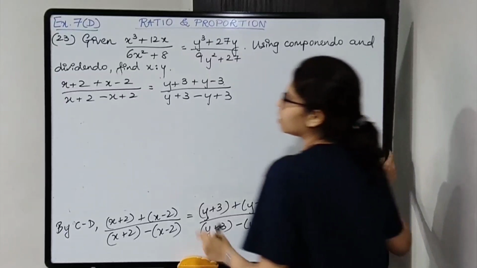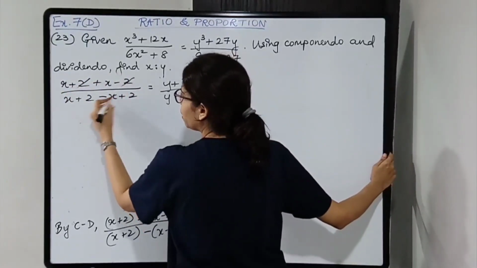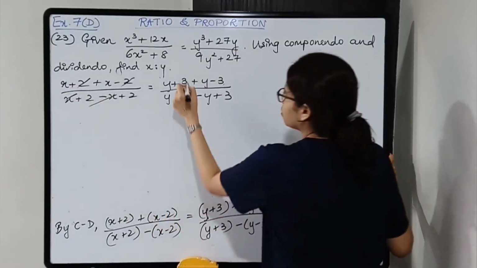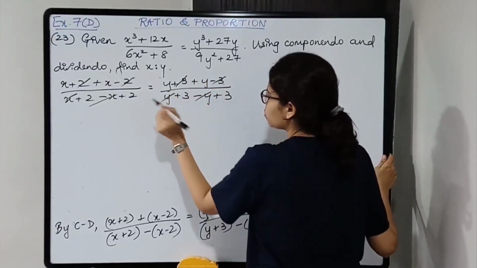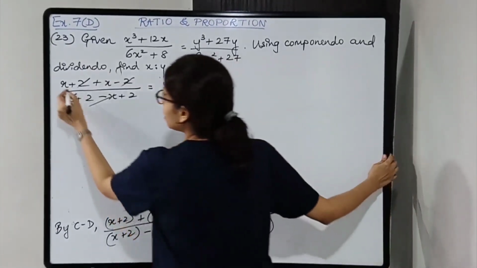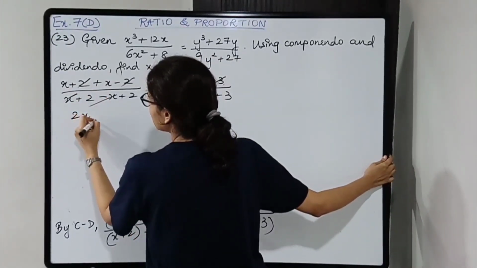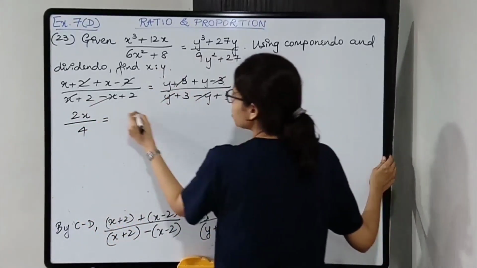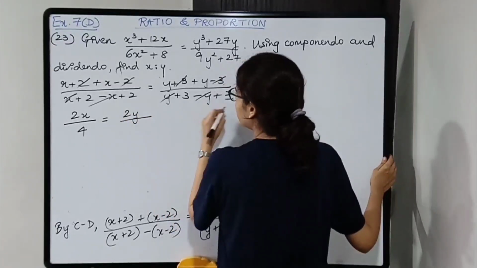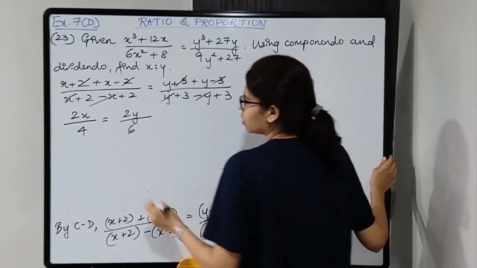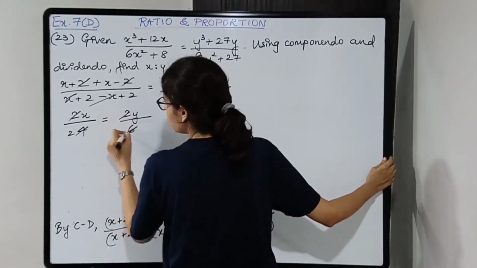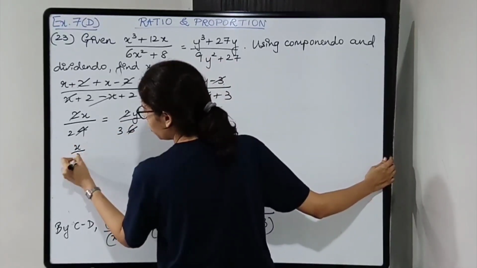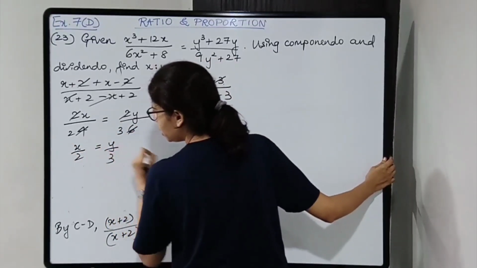So 2 minus 2, minus x plus x, your 3 and minus 3, minus y plus y, these will get cancelled. x plus x gives 2x, 2 plus 2 gives 4, y plus y is 2y and 3 plus 3 gives 6. So 2 2s are 2, 3s are, so x upon 2 is equal to y upon 3.